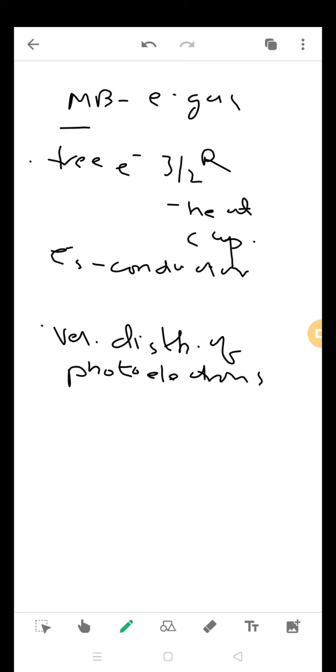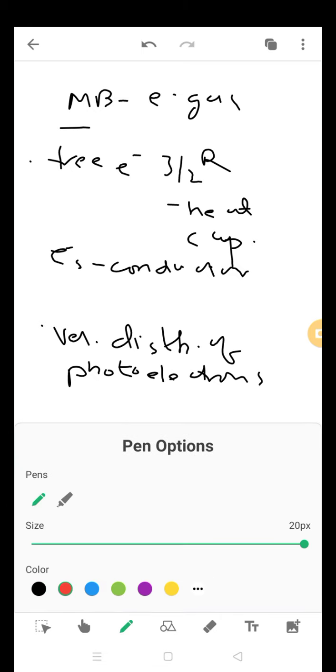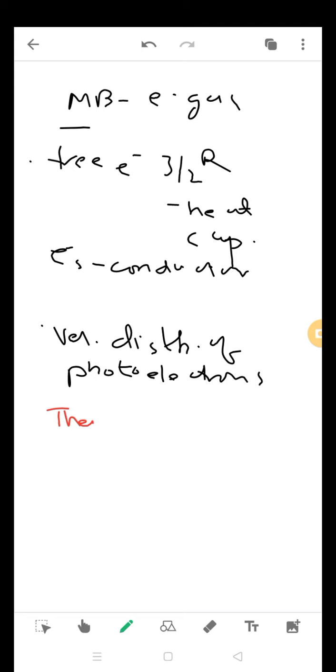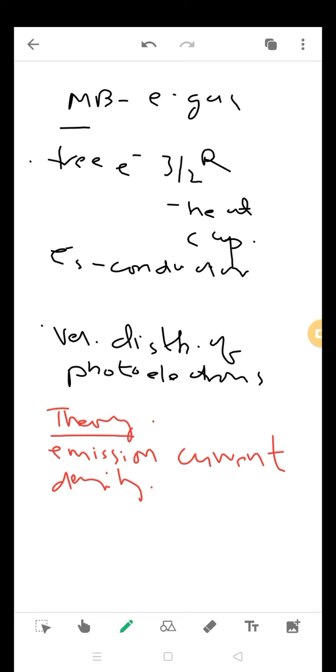Now, if we go by theory, the velocity distribution or the emission current density J is equal to A T to the power 1/2 exponential minus phi by kT.